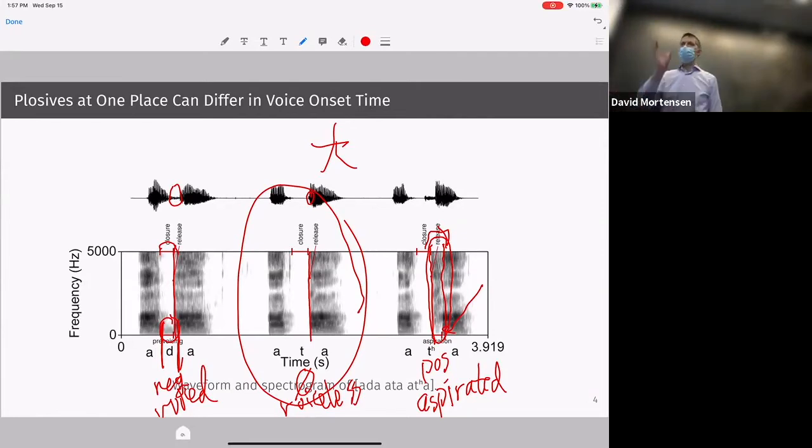Go ahead, can you say that word? Da. So in pinyin, we write it with D, right? But if we were to put it in IPA, we would actually write it like this.